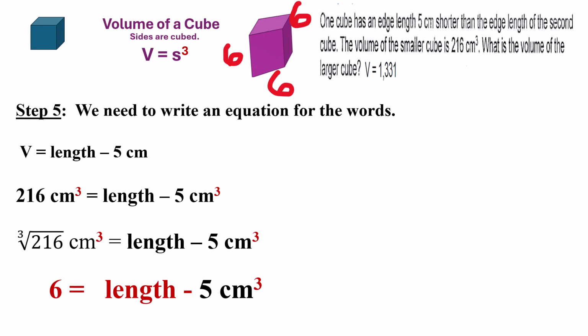So we need to write the equation for the words. So the edge equals length minus 5 cm. Then you put the math in, which you already did. 216 centimeters cubed equals the length minus 5 cm. And we already did this on the other page, so now you have 6 equals the length minus 5 cm.